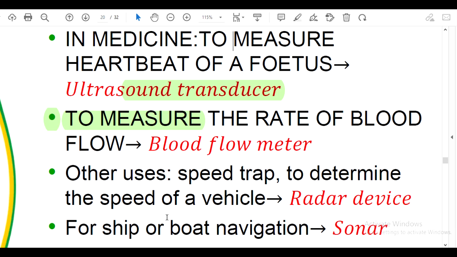All right, so this one of blood flow can be used on human beings and also animals.